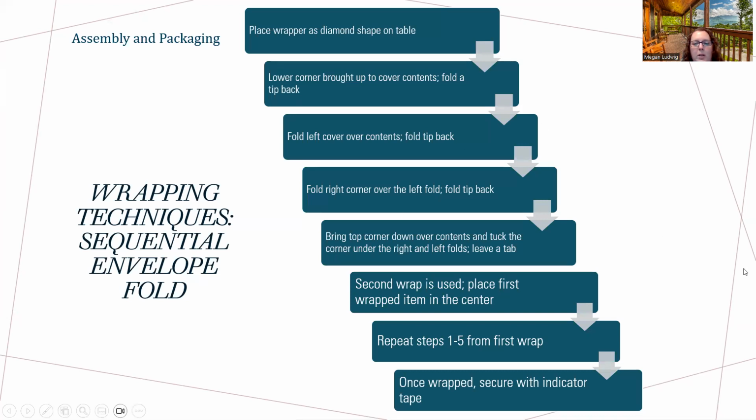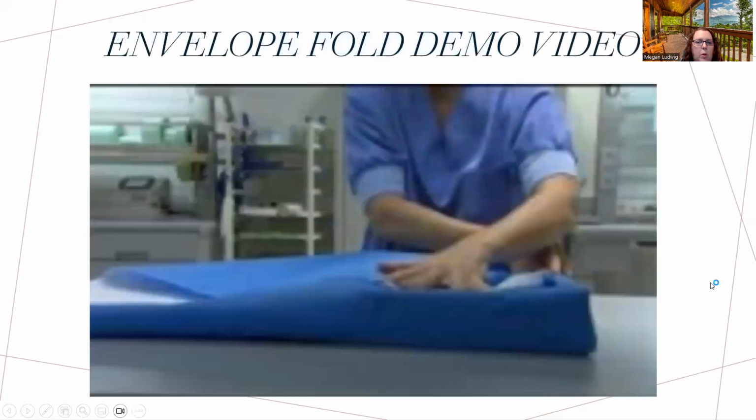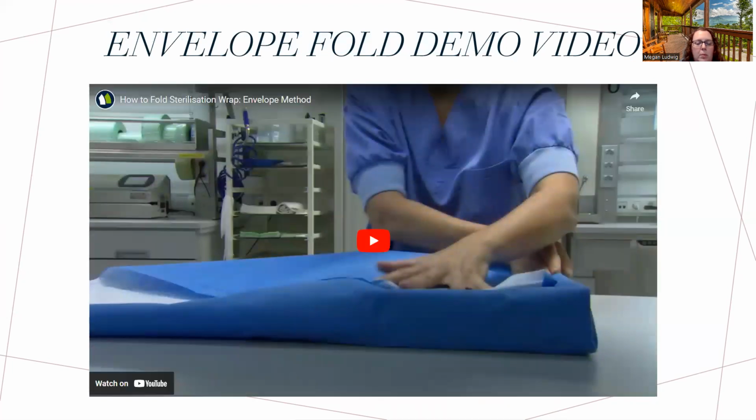I can read it, but it's not going to truly click for me until I see it. So if you wanted to maybe take the time to memorize these steps, you can. But I also have included a video on how to do it. I think to me, and I think a lot of people, it's easier to see it done, and then you'll be able to do it too. So here's a good video on an envelope fold method.